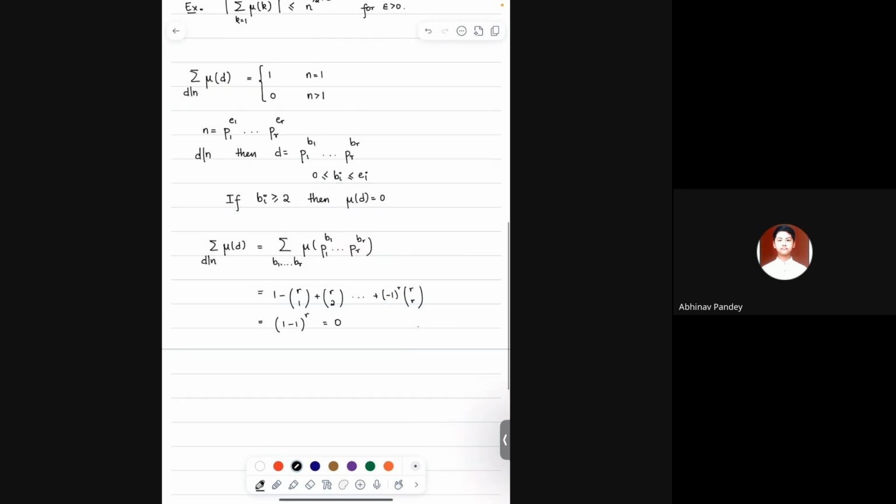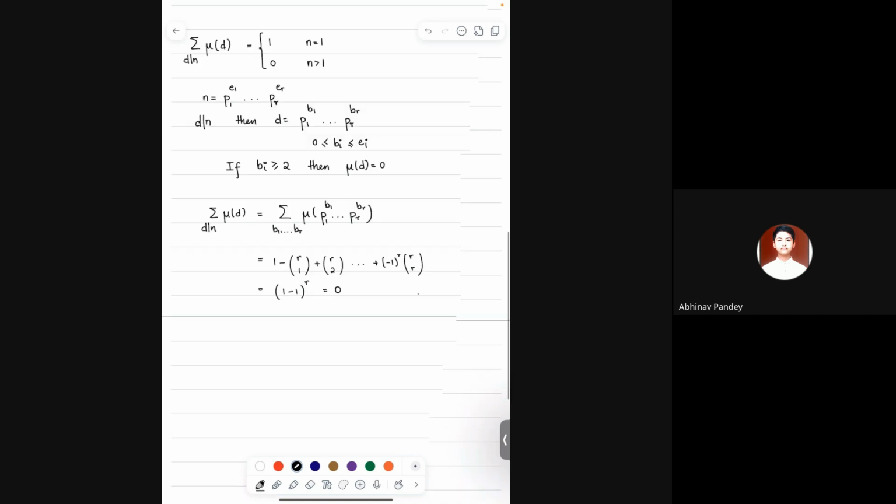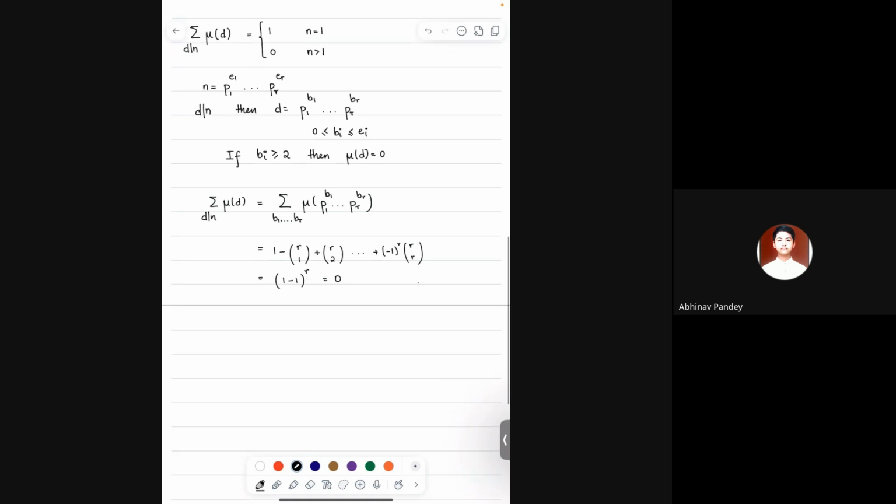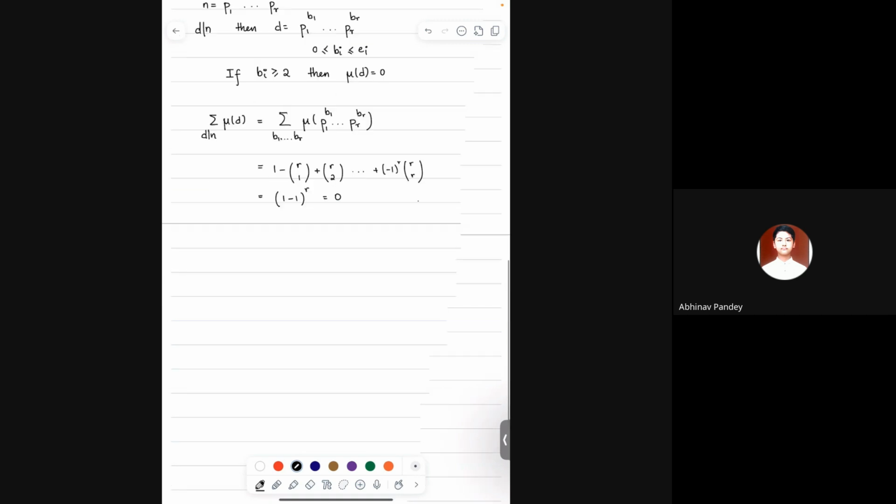Another thing I want to point out is that a lot of calculations with Mobius functions have this flavor in their proof. You just have to be careful about which primes to include, and there's a little bit of combinatorics going on, but they're not necessarily very difficult proofs. They just take a little bit of practice.